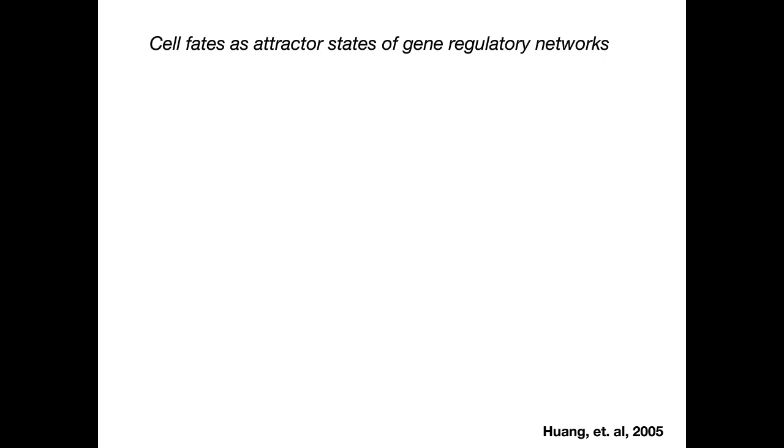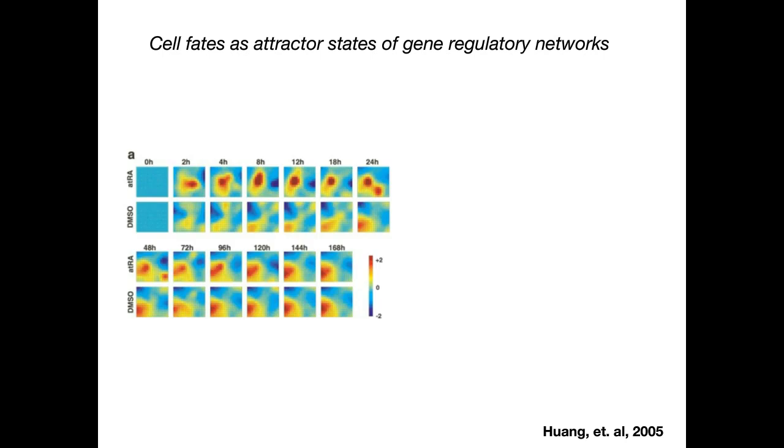In this study, they take two different drugs, DMSO and ATRA, to stimulate the HL60 cells, a cancer cell line that acts like progenitor HSCs. And then they performed a time series of the transcriptome of these cells during this differentiation using microarray.